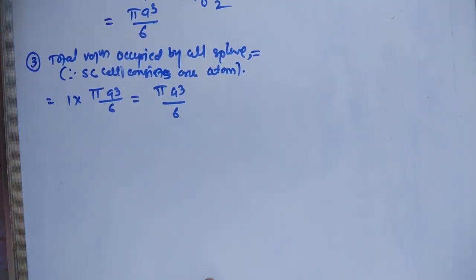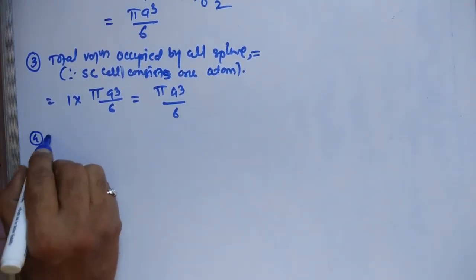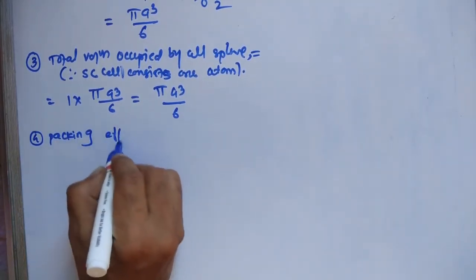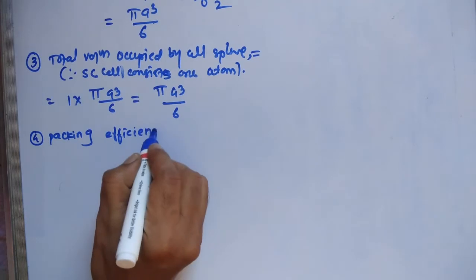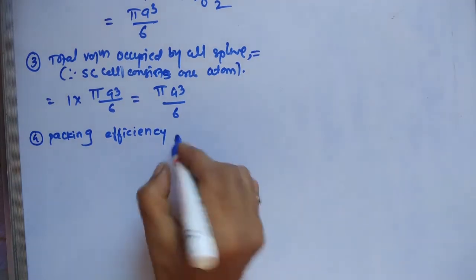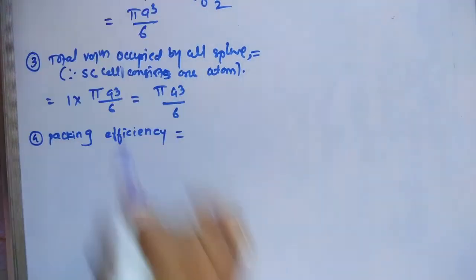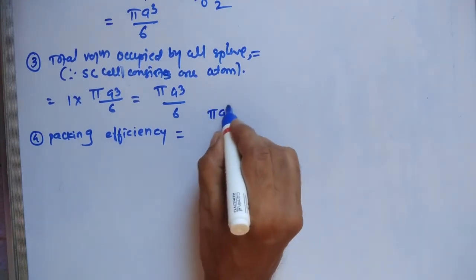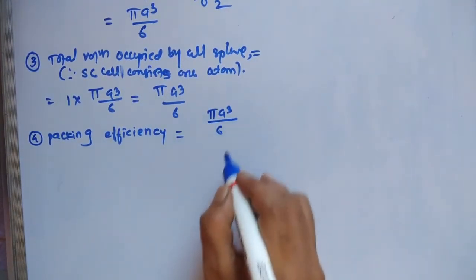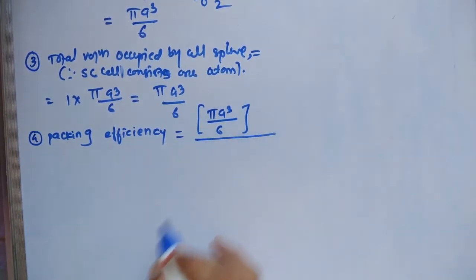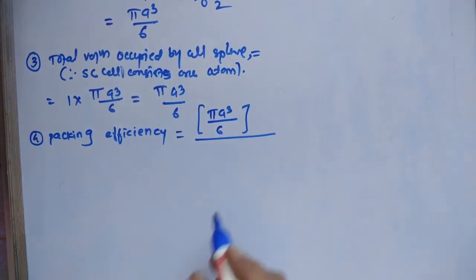Now fourth point, packing efficiency. Okay, packing efficiency is equal to, what is the formula, volume occupied by the spheres, pi into a cube divided by 6, divided by volume of cube.